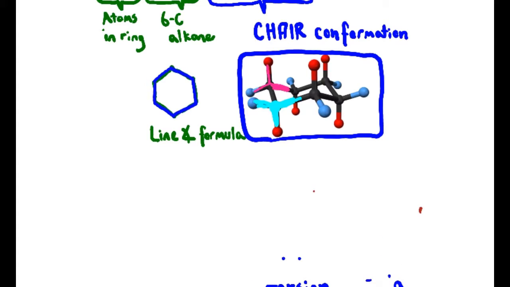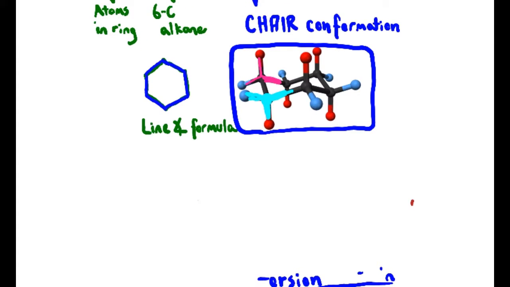All right, so to draw a chair conformation on paper, we need to keep a few general things in mind. The way that we're going to draw this is by following a general generic template, where we'll draw the template by first creating a couple of lines that are parallel here. Like so.